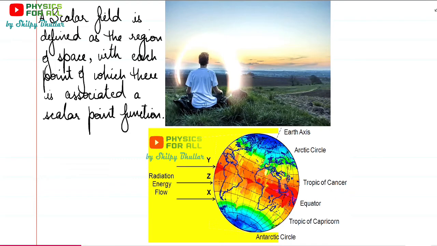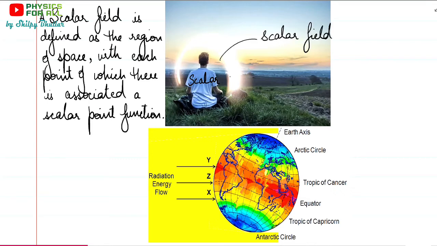Suppose this particular thing is your scalar, then what we are showing is basically the aura of a person. Aura is the region around a person where the energy of that person can be felt. So if this is a scalar, then this particular region is its scalar field.